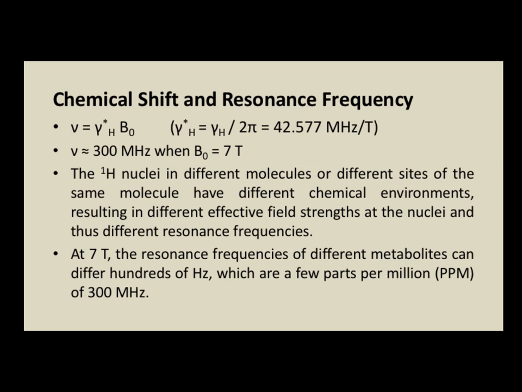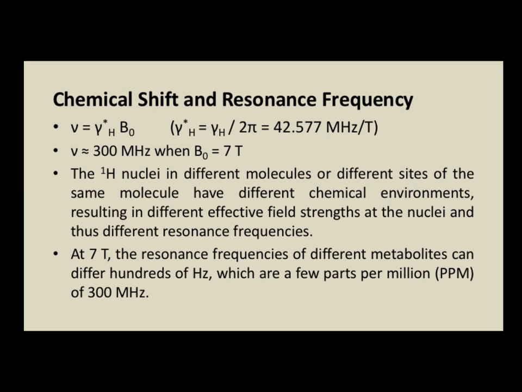The hydrogen nuclei in different molecules or different sites of the same molecule have different chemical environments. These different chemical environments result in different electron shielding effects, so different effective field strengths at the nuclei, and then different resonance frequencies.